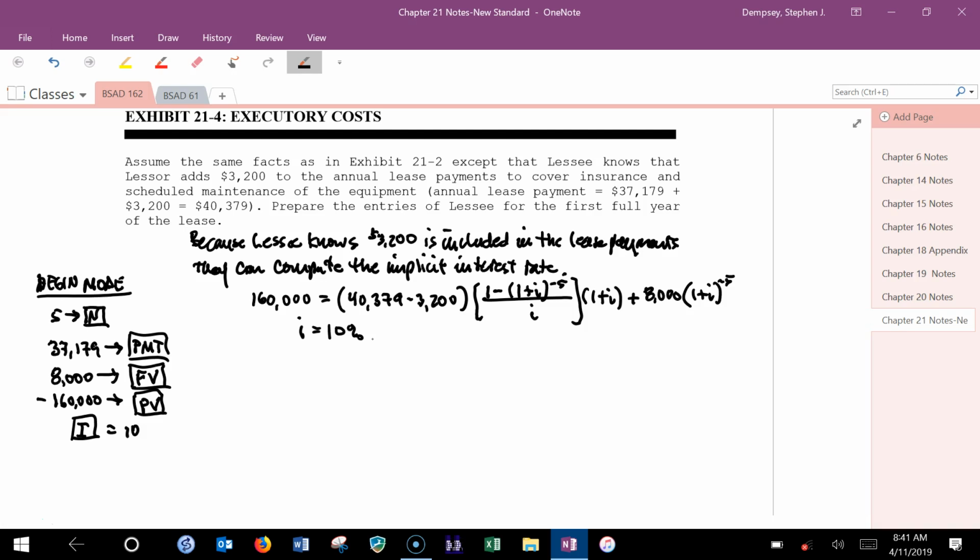Now, let's say they didn't know that the executory costs were in there. Then my point is, they could not figure out what the implicit interest rate is by the lessor. They have to know how much that executory cost is in the payment before they could figure out, like we've done before, the implicit interest rate. Now, does it make sense?